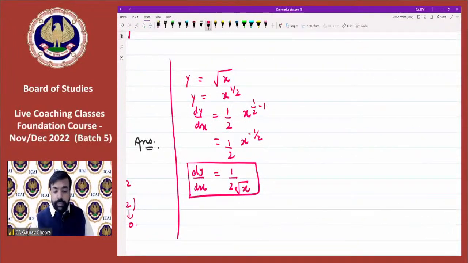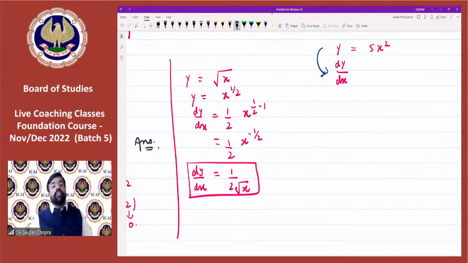For example, the question was y is equal to 5x square and we have to differentiate with respect to x. Then what will happen? For y we write dy by dx. It shows that the derivative of y is dy by dx. Okay, so whenever y is written and we are differentiating with respect to x, the derivative will be dy by dx.